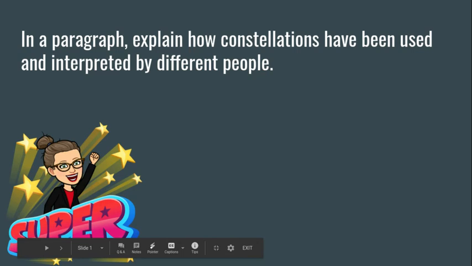Our prompt is that in a paragraph, explain how constellations have been used and interpreted by different people.